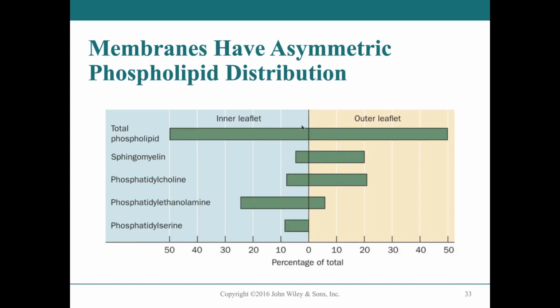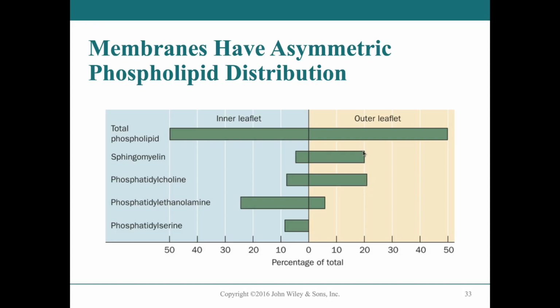Now, aside from that movement, you also have what you call asymmetric arrangement in your phospholipid distribution. Because it's a bilayer, you have an inner and an outer side. So two layers, an inner leaflet, we call it a leaflet, just like, say, a book. The inner and the outer leaflet of your phospholipids.